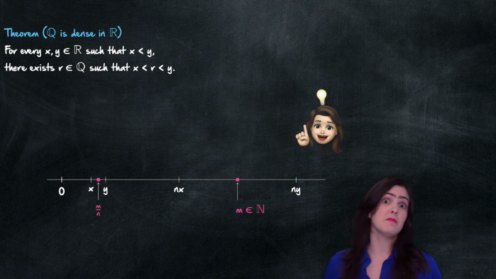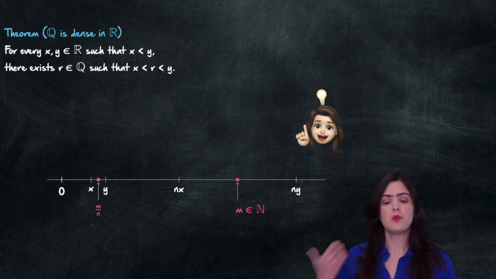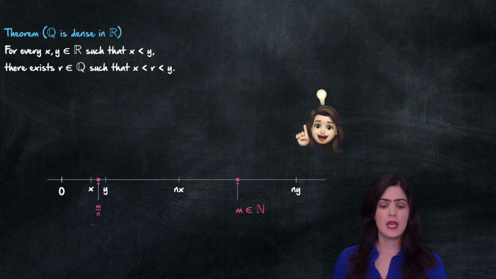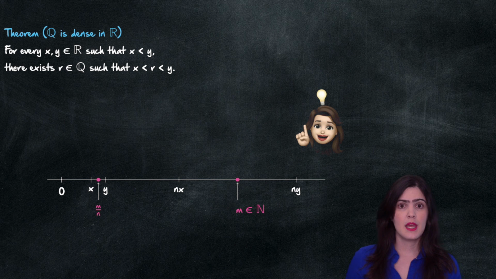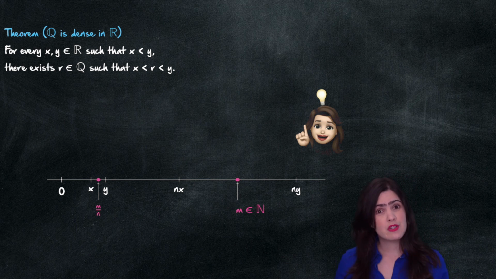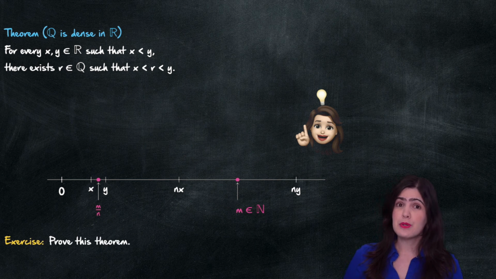So dividing everything by n, we end up with x is less than m over n, which is less than y. Perfect. m was a natural number, n was a natural number, so m over n is a rational number. So we managed to construct a rational number in between x and y. And that is precisely what we wanted to show. I will leave for you as an exercise to complete the details of this proof.